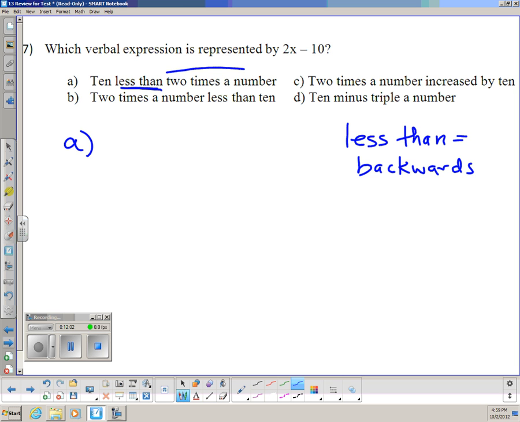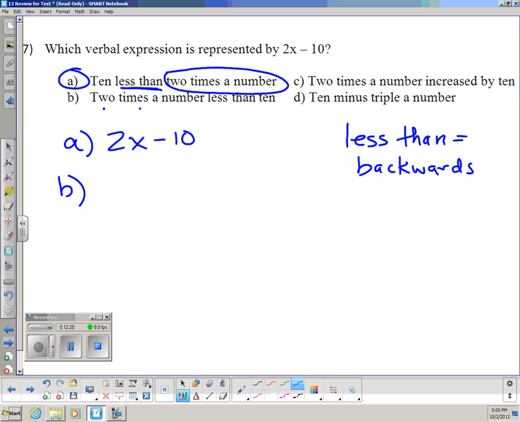The 2 times a number part goes first. So 2n, or I'll use x because that's what the problem is using. 2x goes first, minus 10. That's the answer. But since we're doing a video lesson, we'll do all the choices. B, 2 times a number less than 10.